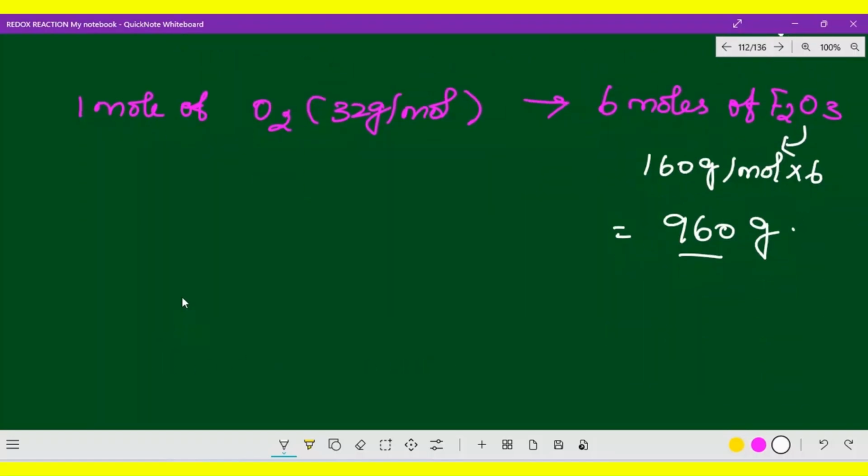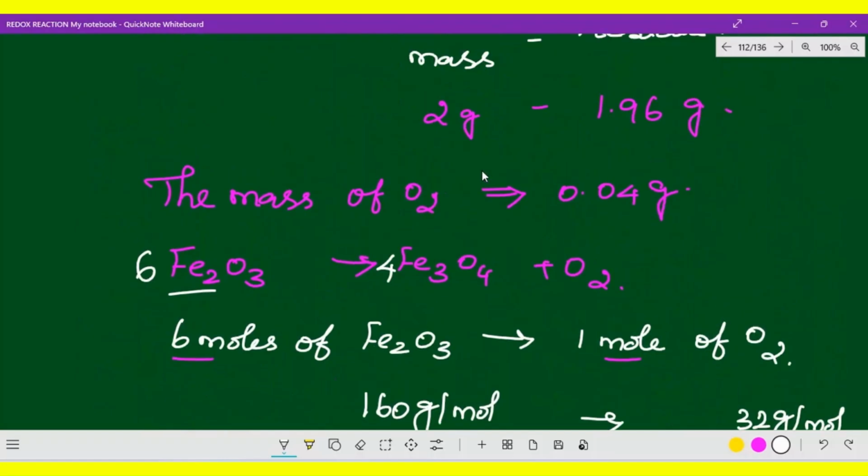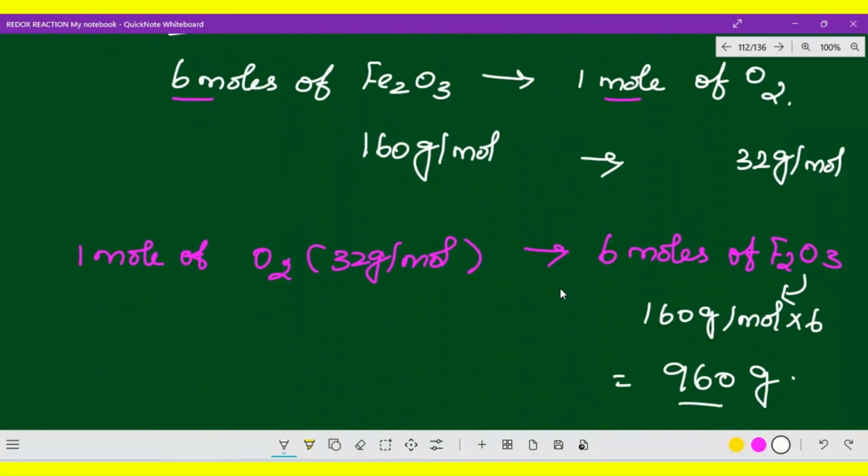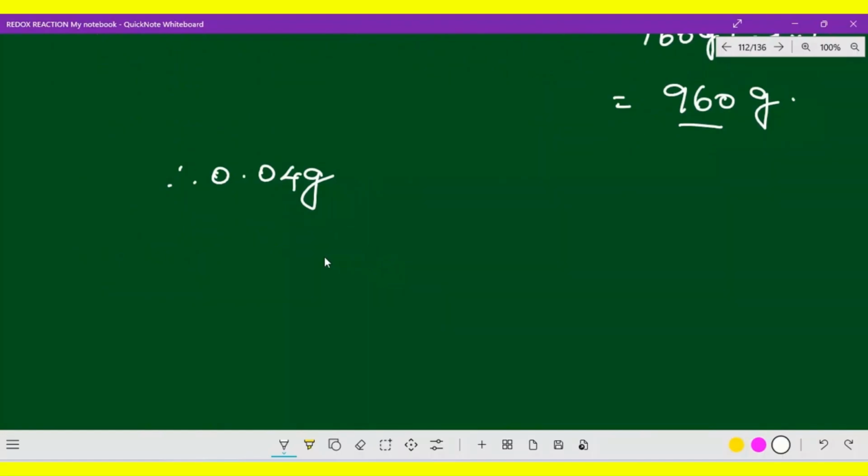Now, therefore, here 0.04 gram. Where do we get that 0.04 gram? It is initial mass minus residue. We got this point right now. So 0.04 gram of oxygen can be produced from what mass of Fe2O3?